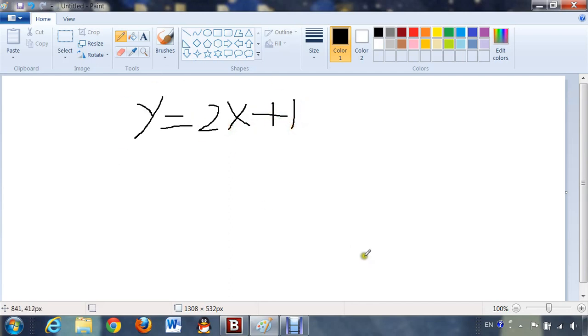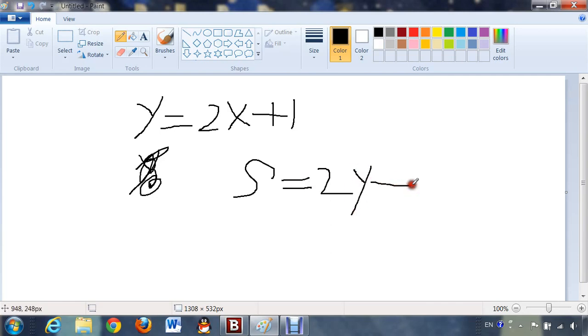Or a function like s, which may be expressed in terms of y.